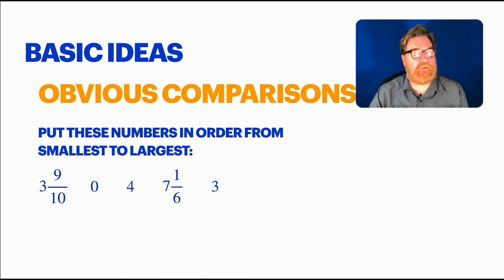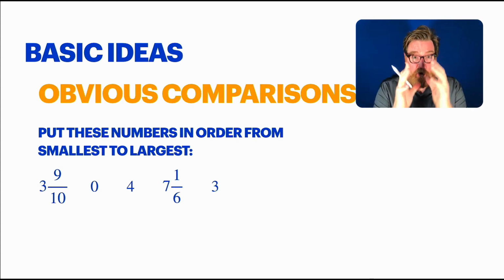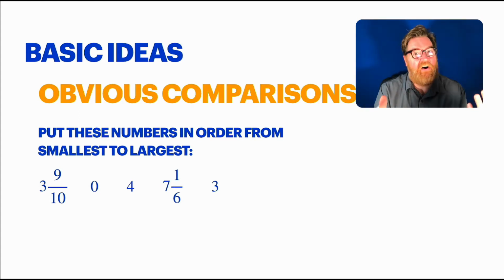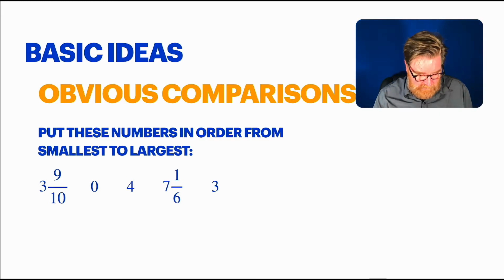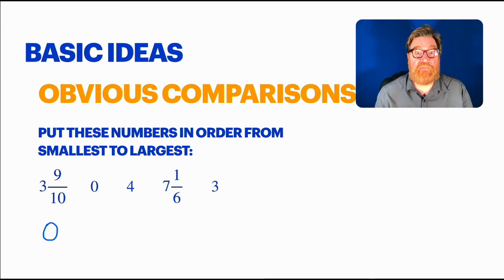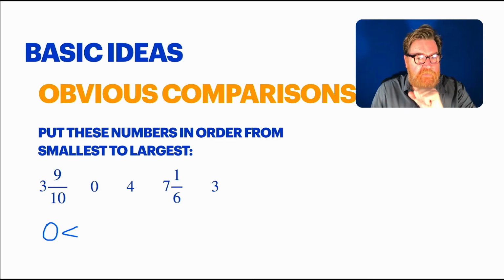Well, in this particular case, boy, this is almost beyond obvious, isn't it? The whole number parts almost take us all the way through. So, for example, 0, that's clearly the smallest of those 5 numbers. Then, who's next? Well, the next 2 smallest numbers seem to have 3 as the whole number part.